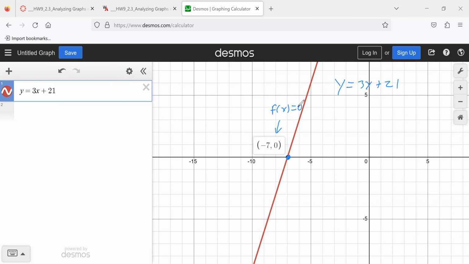So in order to find this, set the function equal to 0. Solve for x. So move over the 21. Divide by 3.